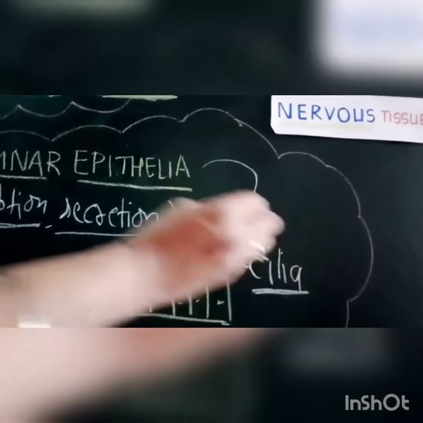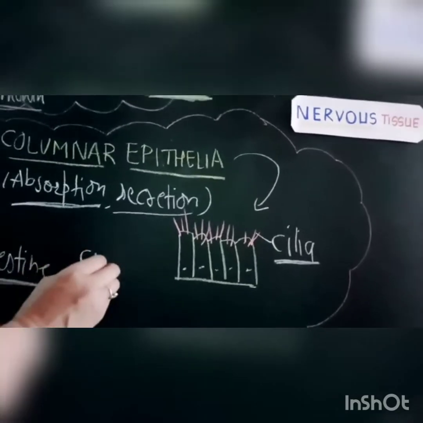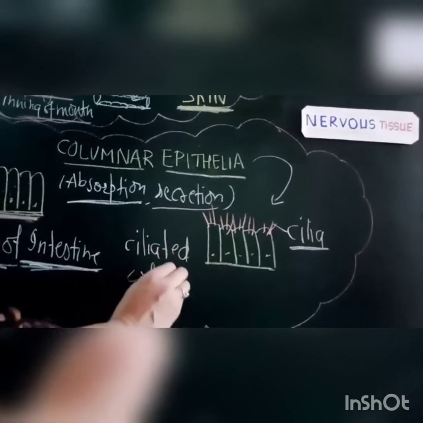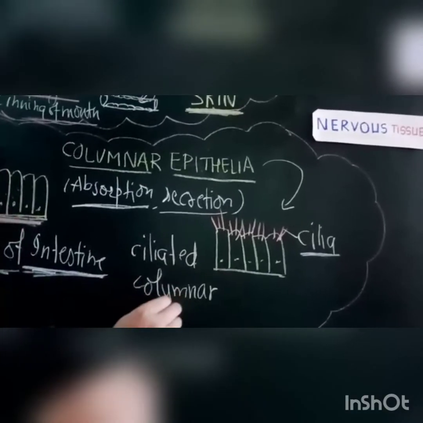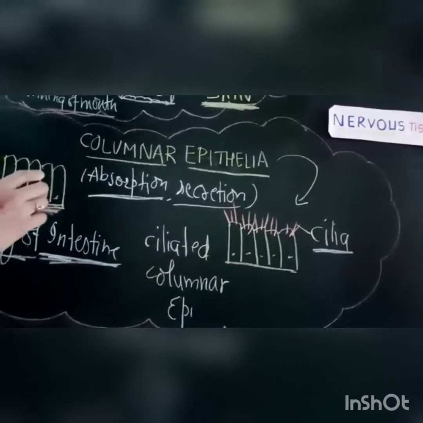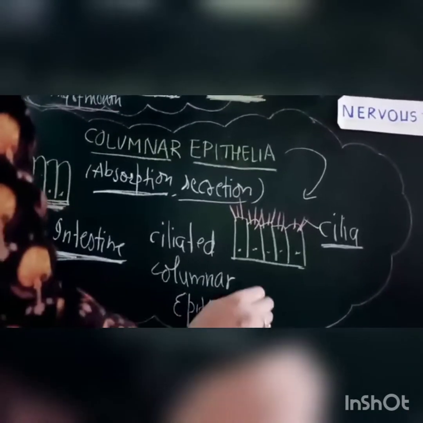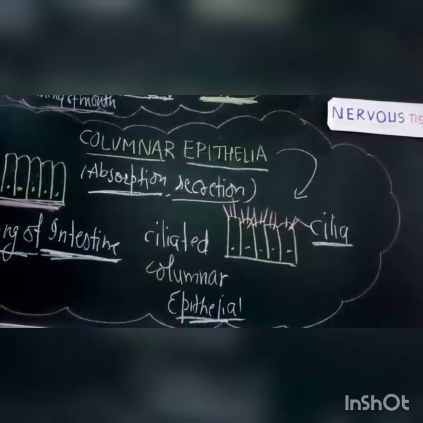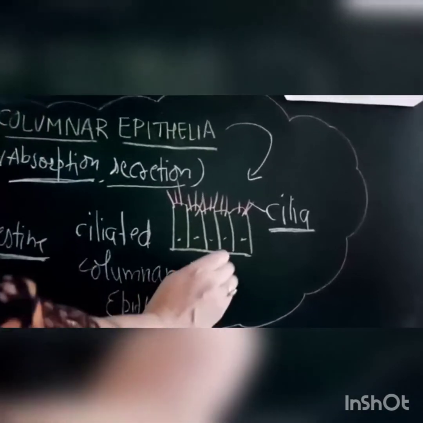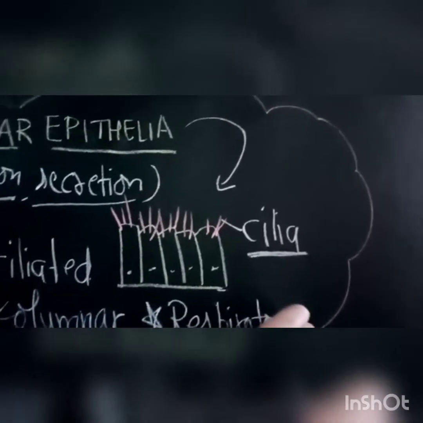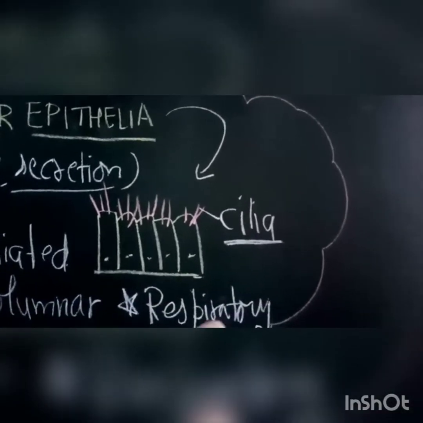So the epithelium is also called ciliated columnar epithelium. This is simple columnar epithelium and this is ciliated columnar epithelium. So it is present in respiratory tract, where the mucus is being produced.